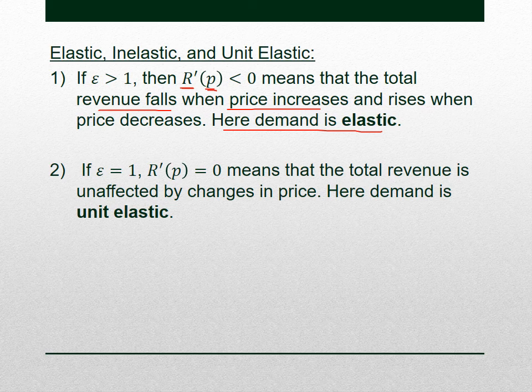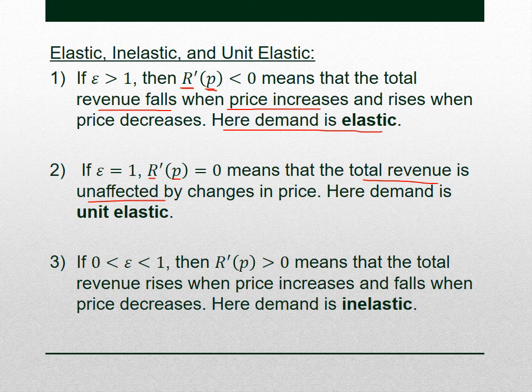If epsilon equals 1, then the derivative would be 0, which means the rate of change of the revenue with respect to the price is 0, which tells you that the revenue does not change when the price changes. And here, that is called unit elastic. So if epsilon equals 1, we are unit elastic. Lastly, if epsilon is between 0 and 1, you should realize that epsilon's never going to be a negative number.